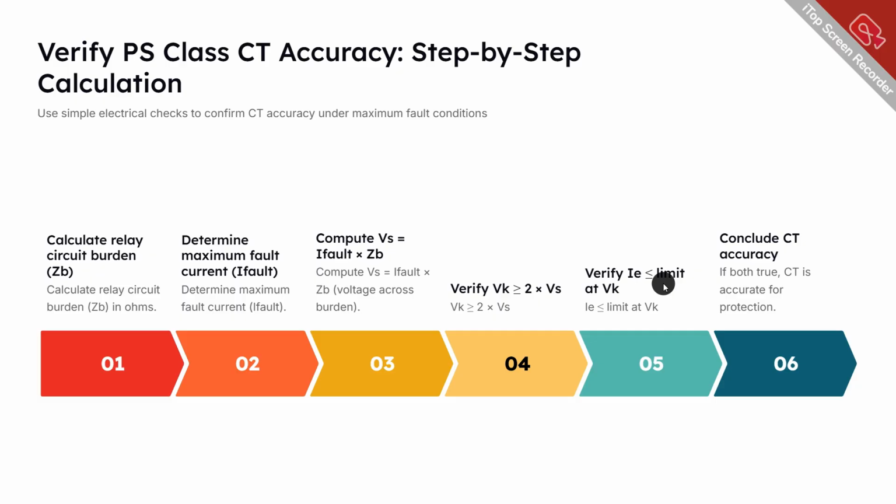So normally if you see all these cores' nameplate, the magnetizing current at VK is mentioned, or sometimes magnetizing current at VK by 2, these kinds of values are given in the nameplate. So based on this value, you can calculate VS and VK, then you can decide whether the CT is within the accuracy limit or not. So in this way only we can check accuracy limit.